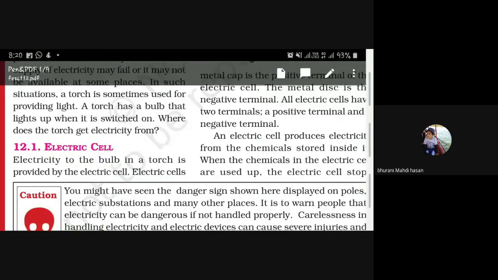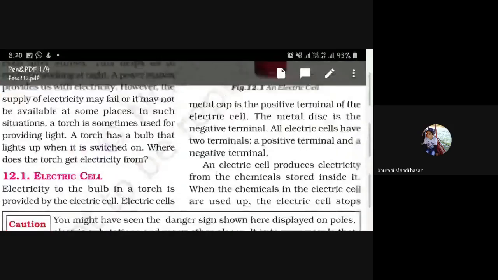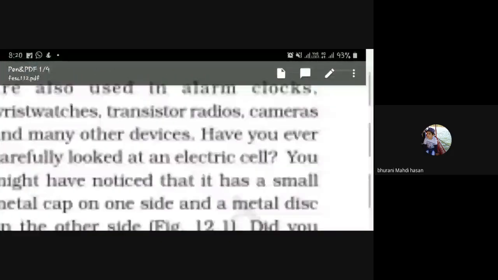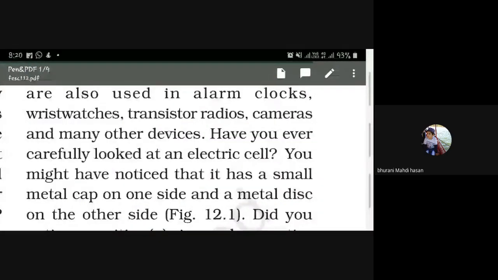Electric cells are also used in alarm clocks, wristwatches, transistor radios, cameras, and many other devices.